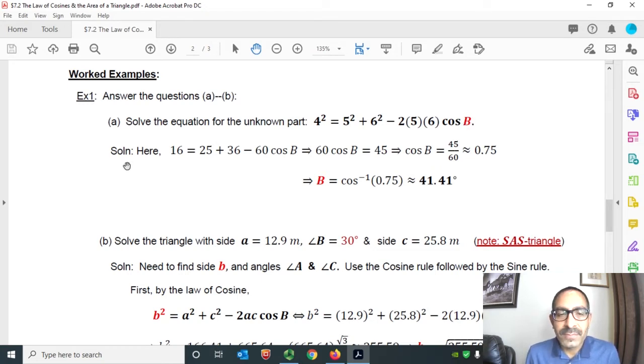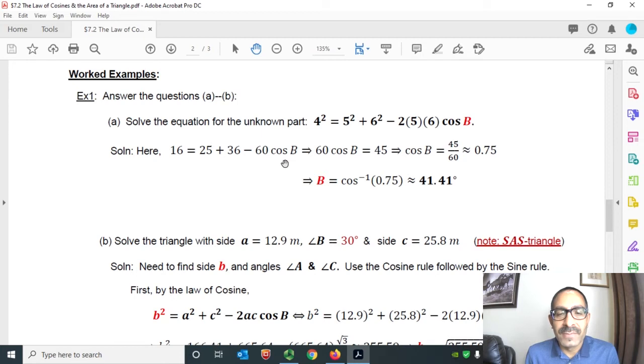Solution. So here, 4 squared is 16, equals 5 squared is 25, plus 6 squared is 36, minus 2 times 5 times 6, which is 60, times cosine B. To find the value of B, let's isolate the term cosine B alone on one side and multiply by the cosine inverse.